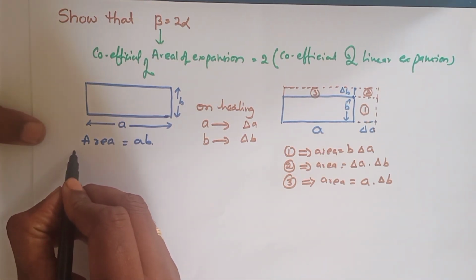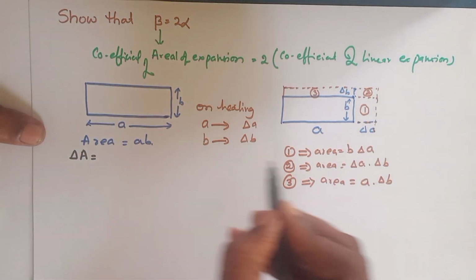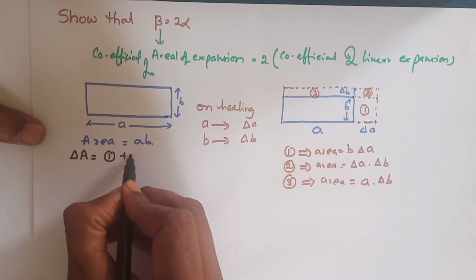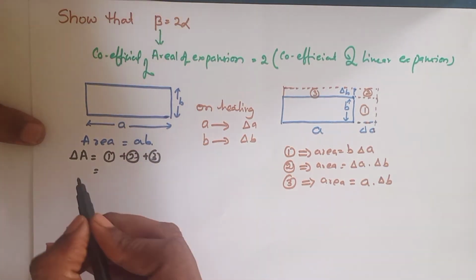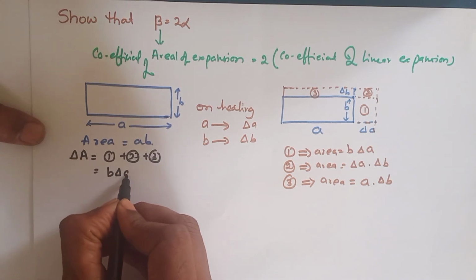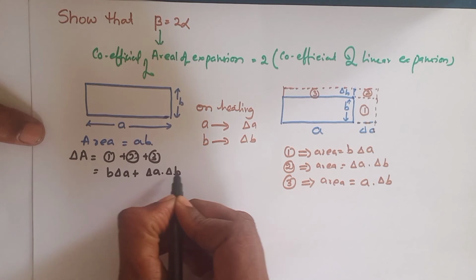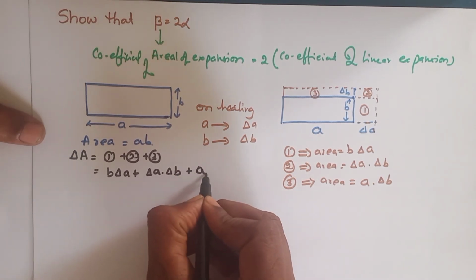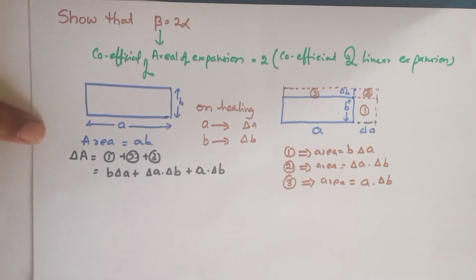Total change in area delta A is equal to 1 plus 2 plus 3 here. So what is the first one? B into delta A. What is second? Delta A into delta B. And third is A into delta B. Right? Now we apply.